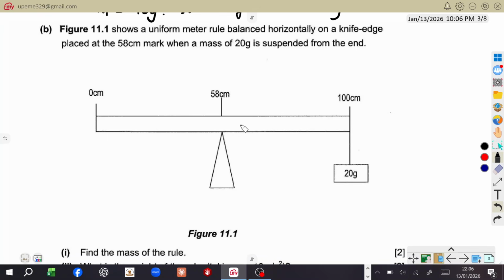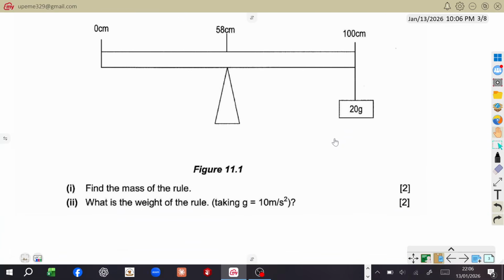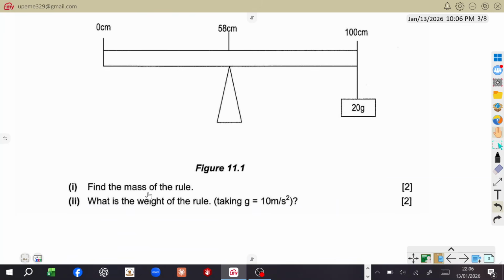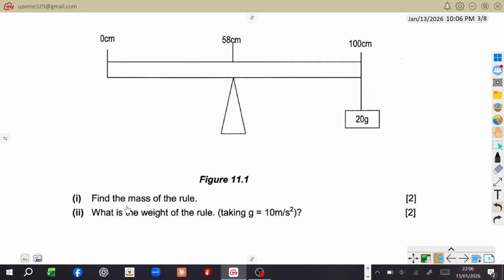So we see what is going on there. Then we come to the question which says find the mass of the rule. So they need to find the mass of the rule.